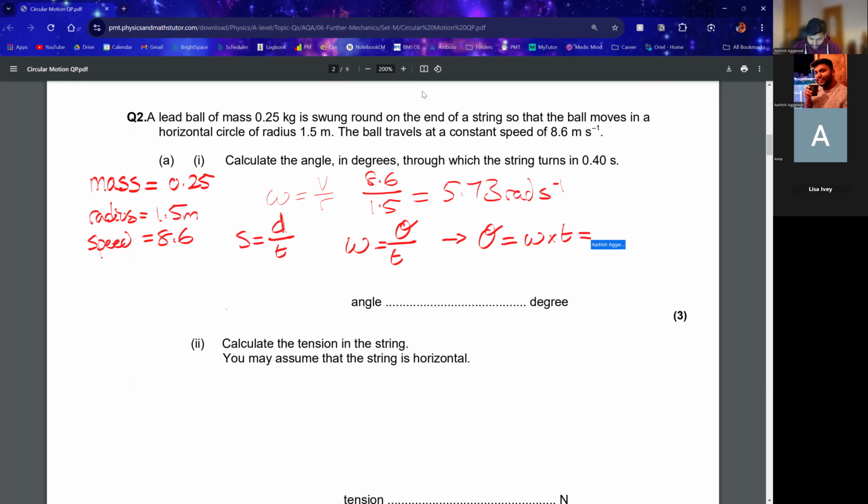Which is 5.73 times 0.4, which equals 2.29. So that's the distance that it travels, which is the angle that it travels in radians. How do you convert that to degrees?